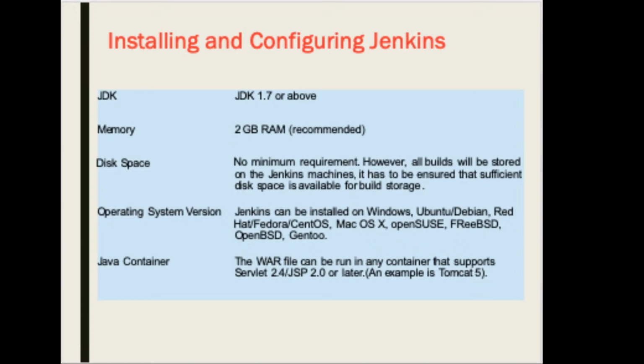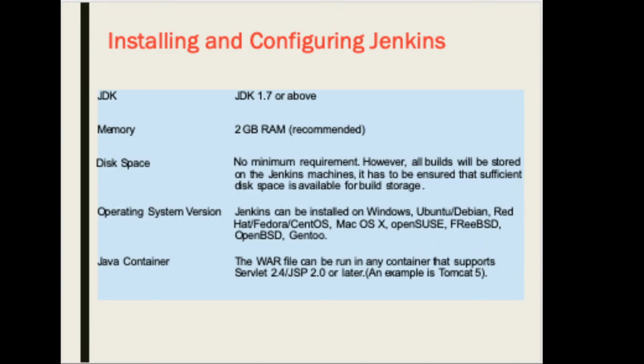So how do I install and configure Jenkins? One necessary thing before you download Jenkins onto your local machine and start installing it: make sure you have a JDK 1.7 or above.